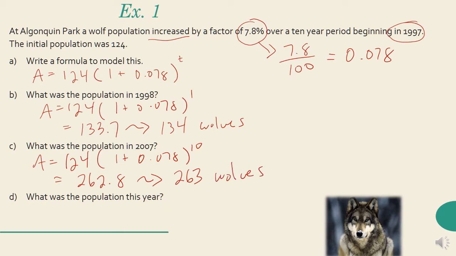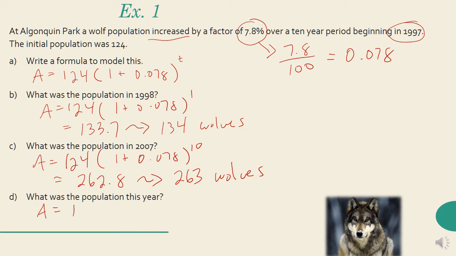What was the population this year? This year is 2021. So how many years have passed between 1997 and 2021? And if you're not sure, you just do 2021 minus 1997.